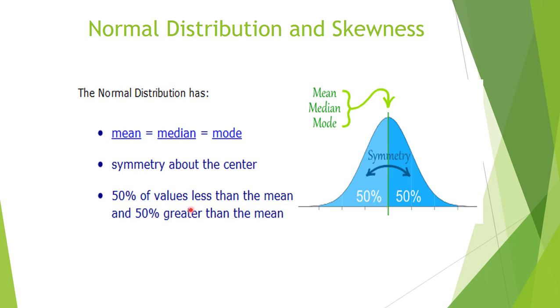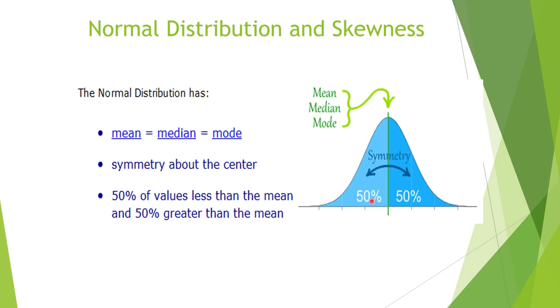It's right here, okay? Another characteristic is that the normal distribution or normal curve is symmetrical. Sometimes we call it normal distribution, sometimes normal curve, they're the same, okay? So if you fold your normal curve along this central line, you will find it's perfectly symmetrical.